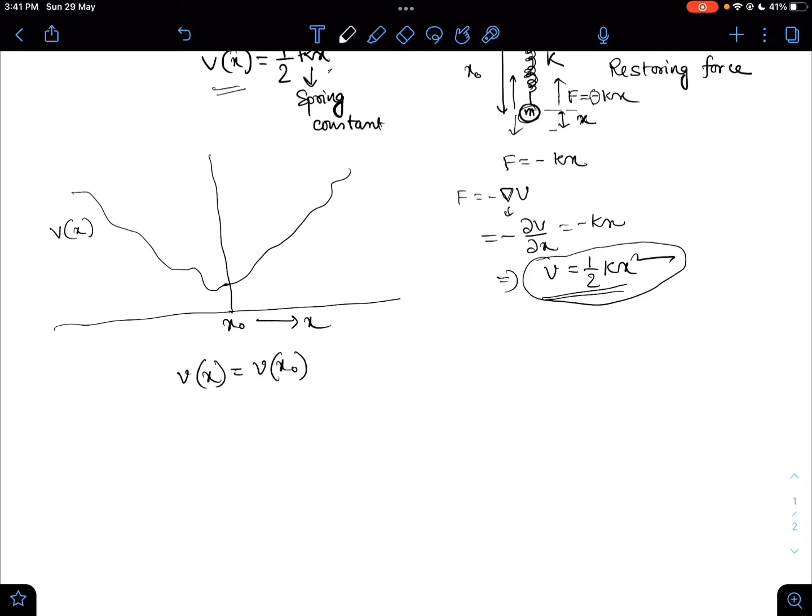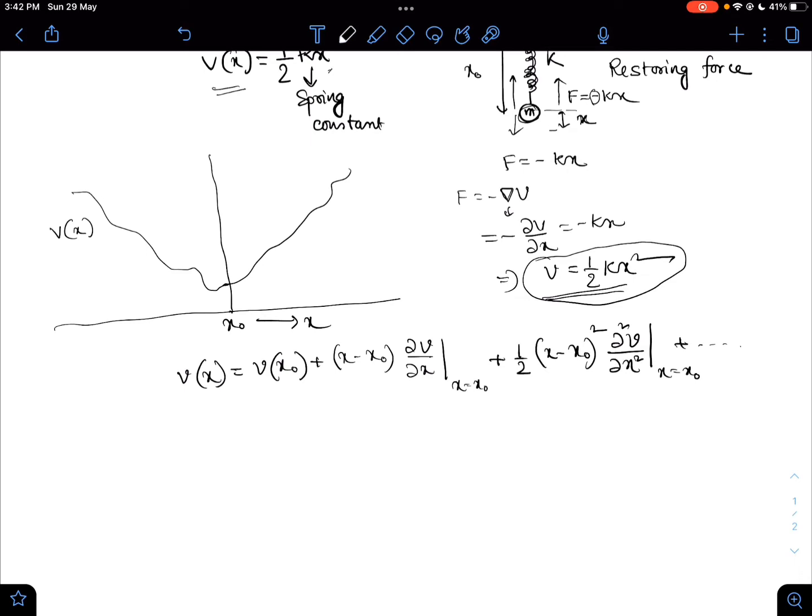So what will this be? V of x0 plus (x minus x0) del V del x at x equal to x0, and so on.